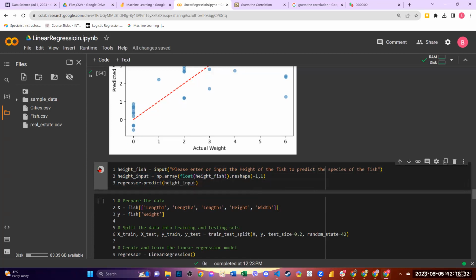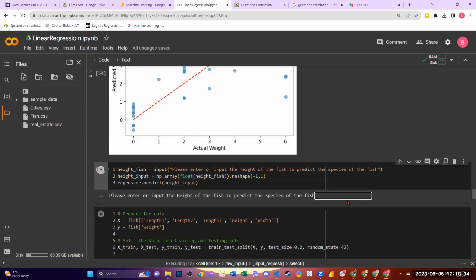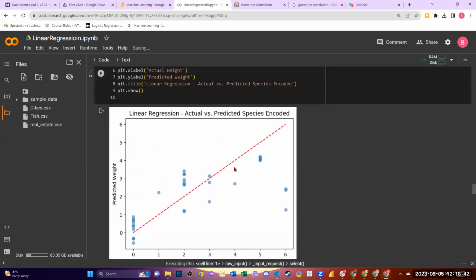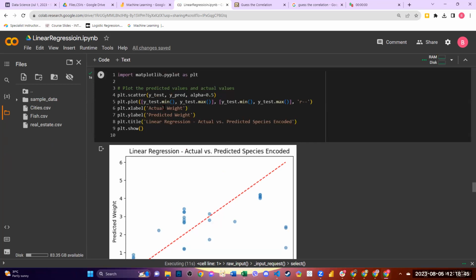Okay, let's run the program. So let's say the prediction, it's not weight, it's height.